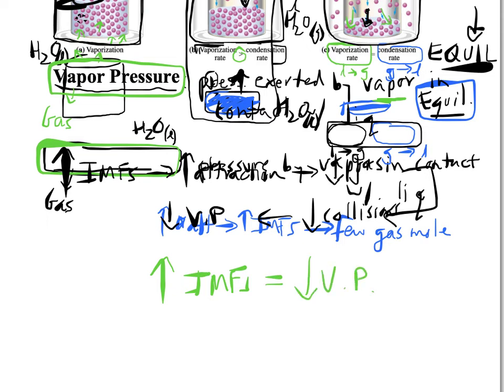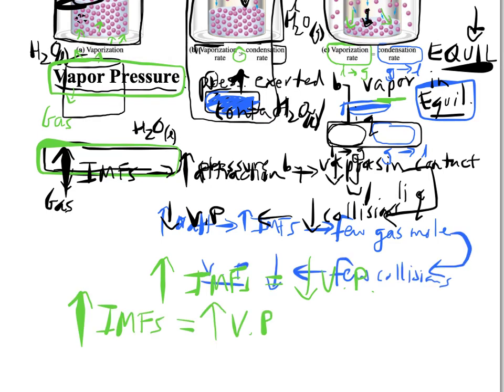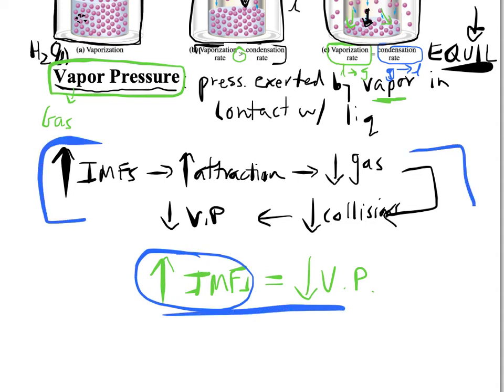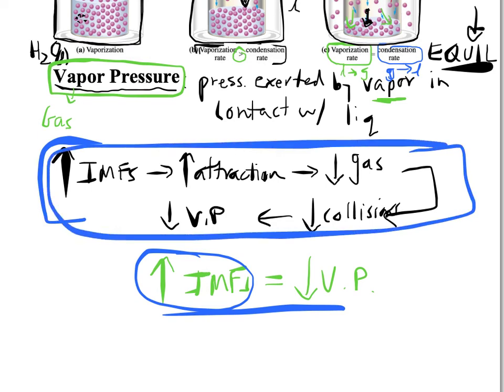So now we can solve problems where we are comparing vapor pressure of two substances and explaining why one substance would have a higher vapor pressure or a lower vapor pressure than another. It will be based on the amount of intermolecular forces. So you need to be able to walk away with this understanding, with this train of logic here that I'm circling in blue, as well as a definition of vapor pressure.